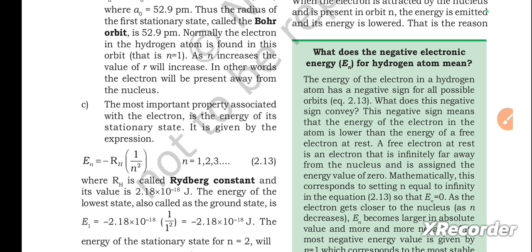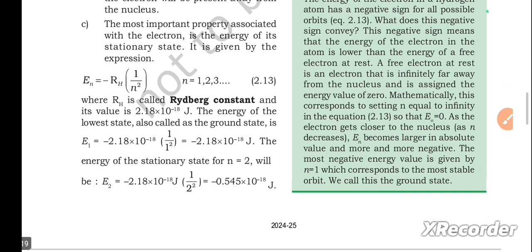Next, third point. The most important property associated with the electron is the energy of its stationary state. It is given by the expression E_n equals minus R_H in brackets 1 by n squared, n equals 1, 2, 3 and so on, where R_H is called the Rydberg constant and its value is 2.18 into 10 to the power of minus 18 joules.